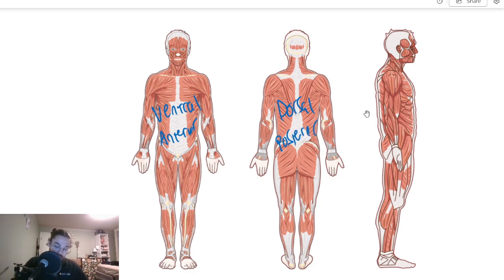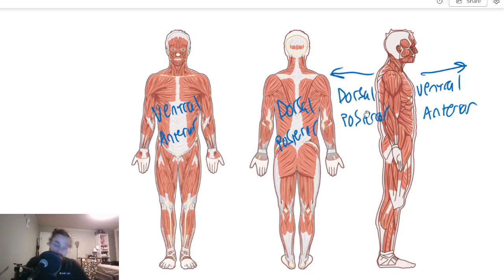Okay. So let's go ahead and orient that again. So we've got ventral or anterior this way, and then this way we have dorsal or posterior. All right, there we go. And you can see there's a lot of muscles here. See if you can name any of these right now off the top of your head.